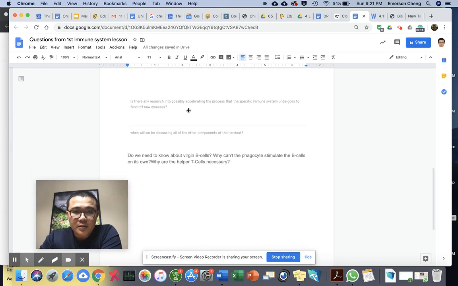Is there any research possibly accelerating the process that the immune system undergoes to fend off new disease? Not really, because if you want to speed that process up, you never really quite know how these quality control issues might work. In fact, a lot of times we are focusing on toning down the immune response.